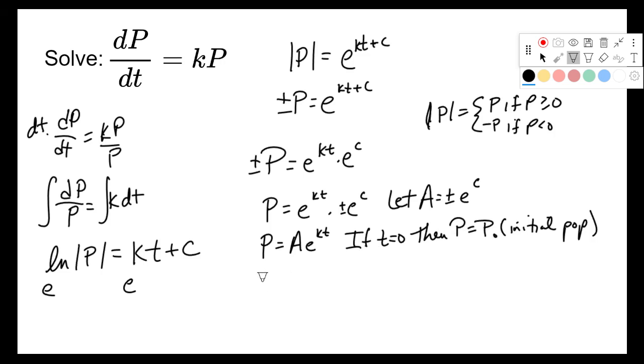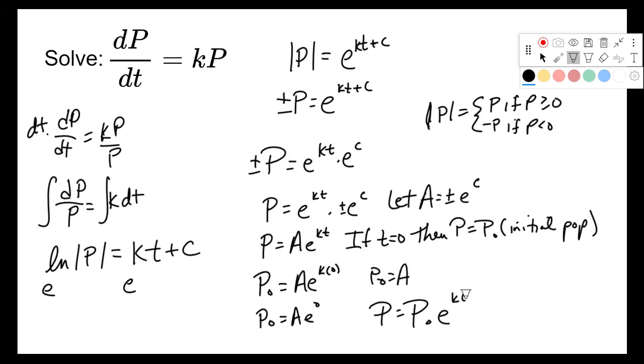So if I substitute that in, I would get P naught is equal to A e to the k times 0. So P naught is equal to A e to the 0 power. E to the 0 is 1. So then P naught must be A, which means that the equation I use is P equals P naught e to the kt power.